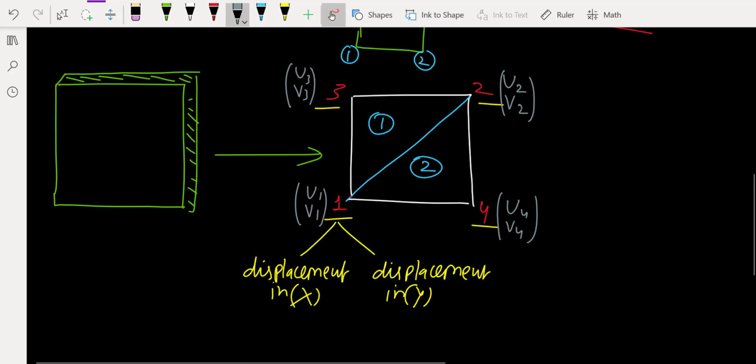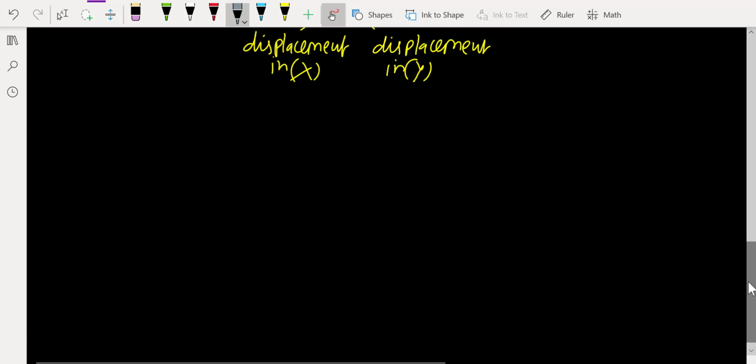Okay, so taking this nodal degree of freedom information, how we compute the nodal displacement, and that nodal displacement will give the elemental stresses and the principal stresses and their respective directions. So again, going back to basic fundamentals, how we solve the finite element problem. The basic procedure is about the same.